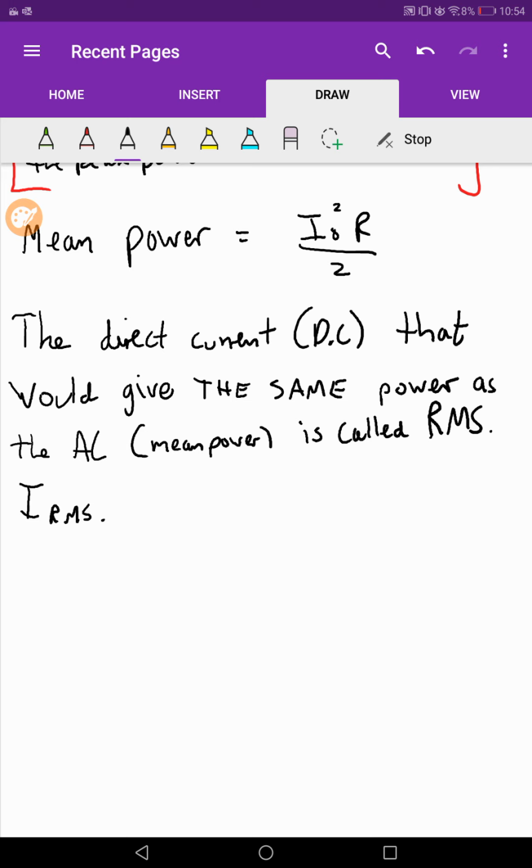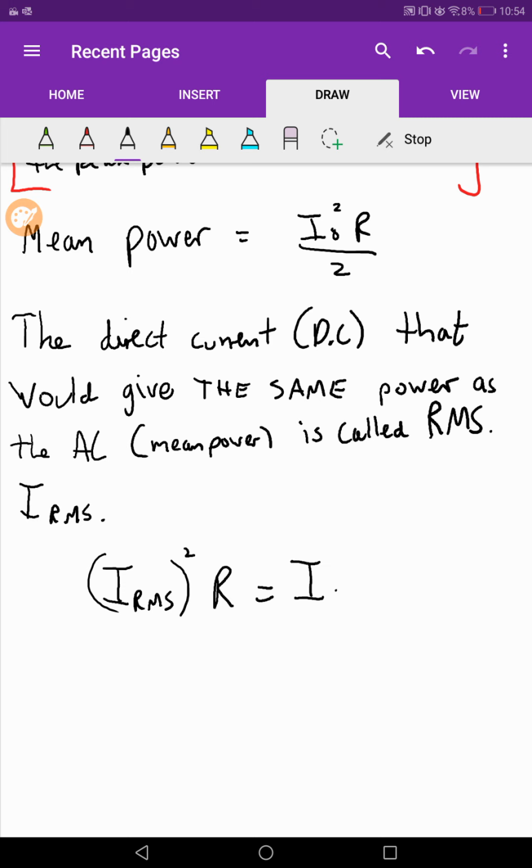So what equation can we write here? So we can say the DC current that will give the same power as the AC is called the RMS. So we've got the I RMS squared times the resistance equals the mean power from AC.